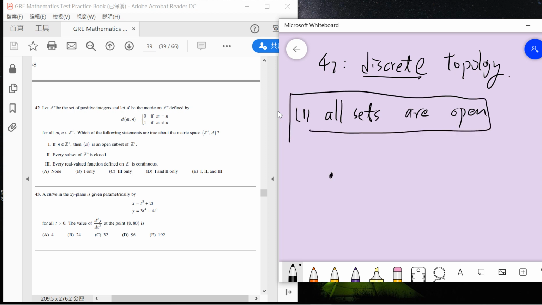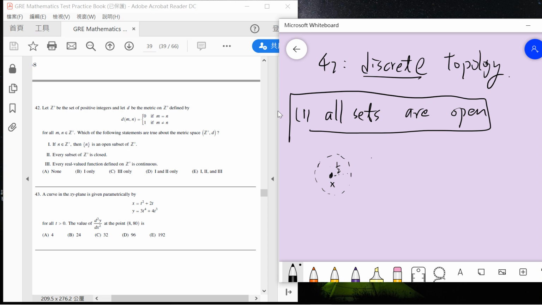The reason is that for each point you can write down a ball with small radius. In this ball, there are no other points. So basically, all of the points inside this ball fall into the set itself.